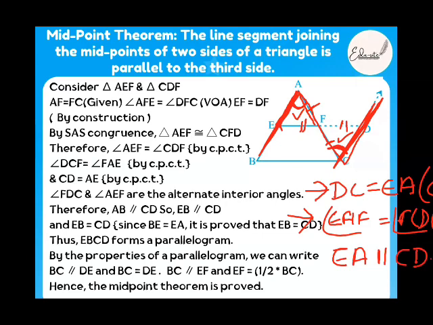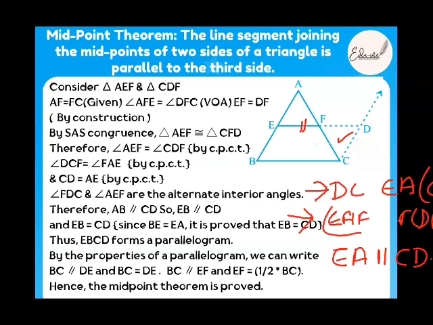Is it so? Isn't this parallel? Because if they prove this and this angle are equal, and the angles are alternate, then actually these two lines are always parallel. So line EA is parallel to CD.